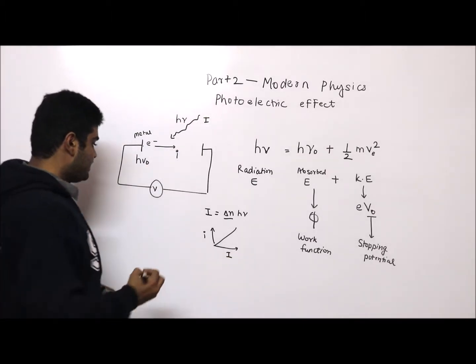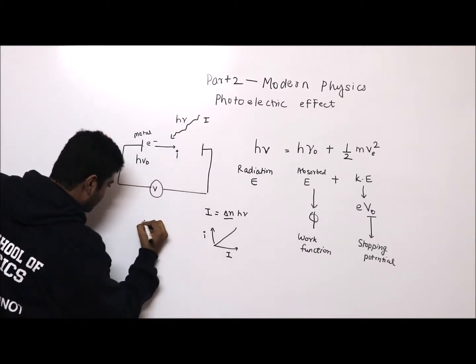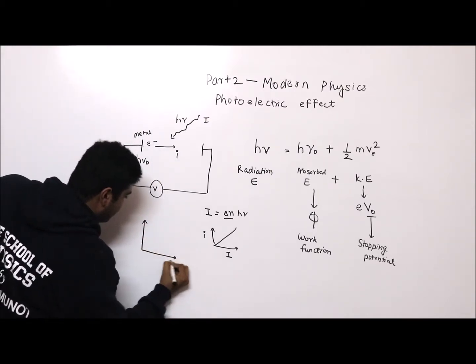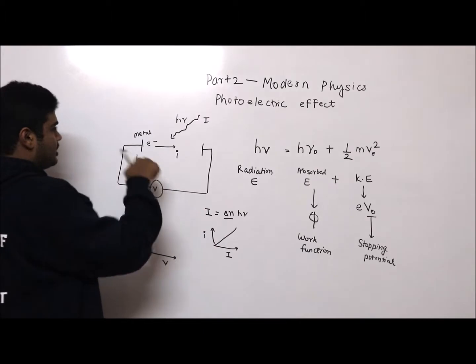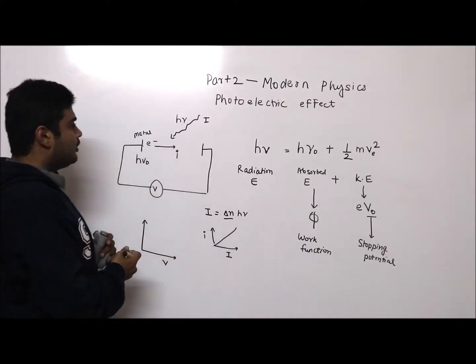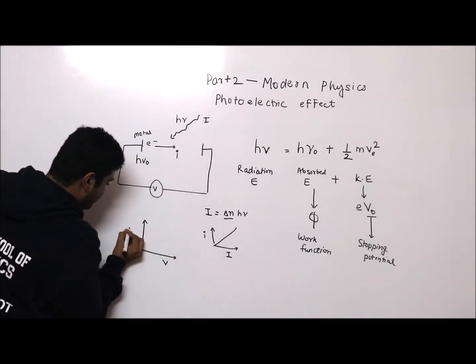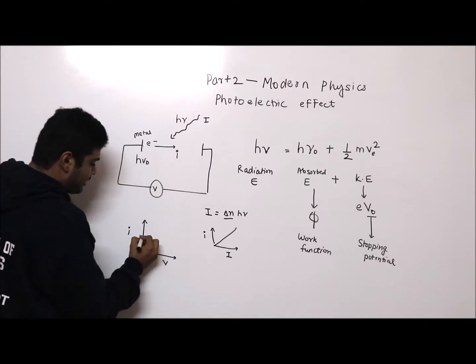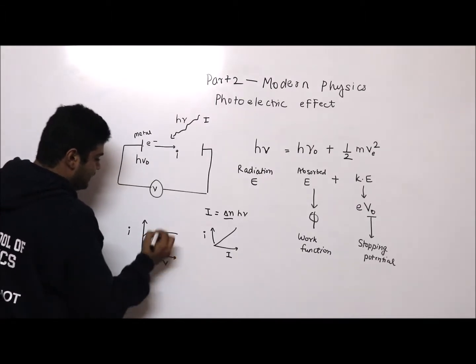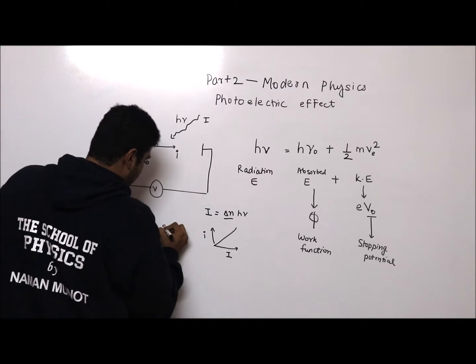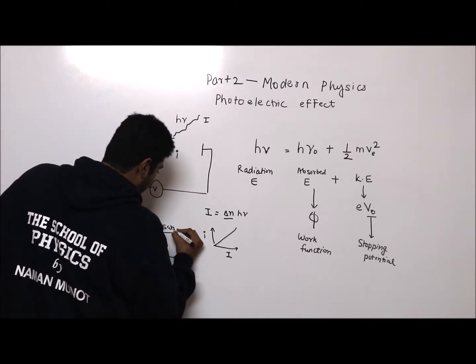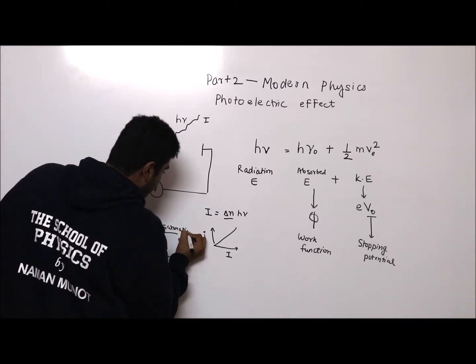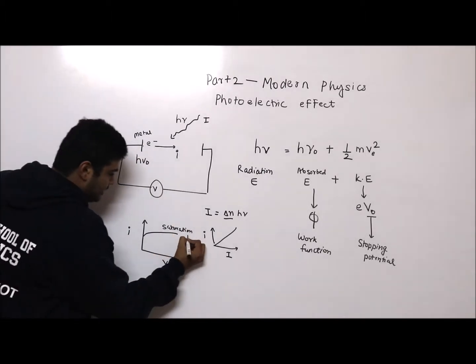Okay, now the next thing that I am going to show you is what will happen if we increase the voltage. What will happen to the photoelectric current? This photoelectric current increases to a point and then becomes constant, which is called the saturation current.